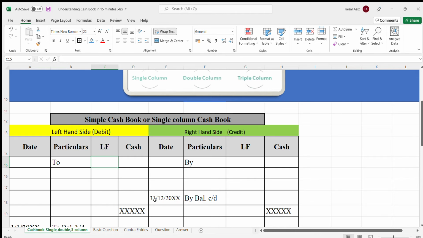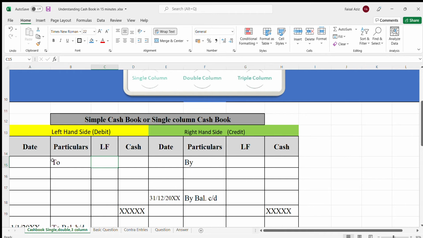As I had discussed earlier, we have two sides in a cash book, the left hand side and the right hand side. Left hand side is reserved for cash receipts and the right hand side is reserved for cash payments. When the business receives cash from sales activity, it will record all this cash date wise on the left side of the cash book.